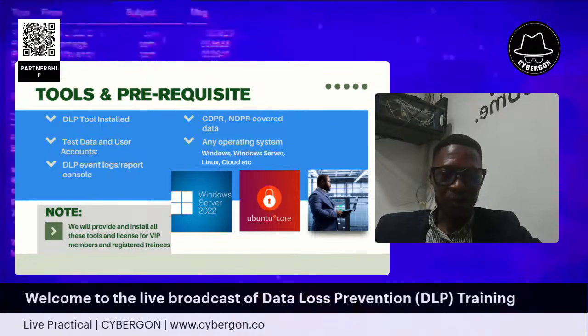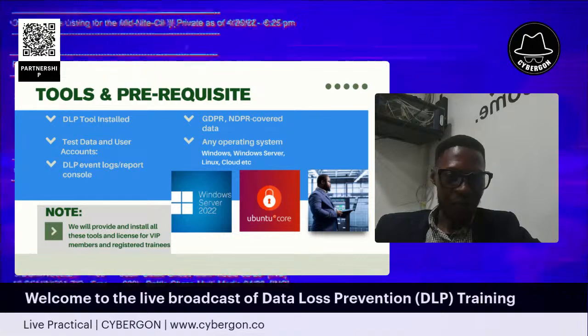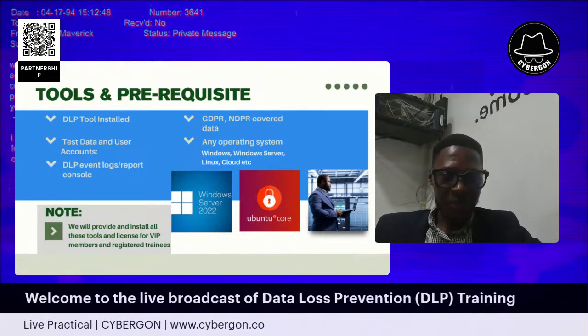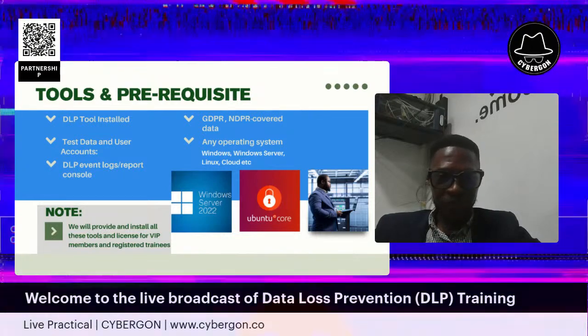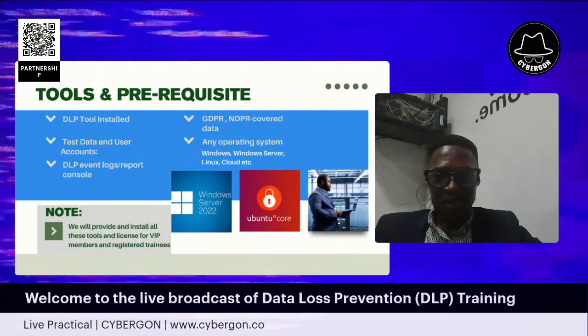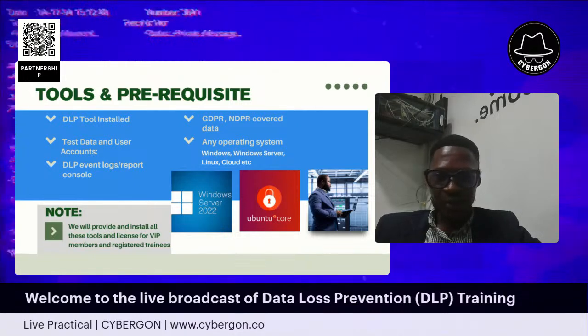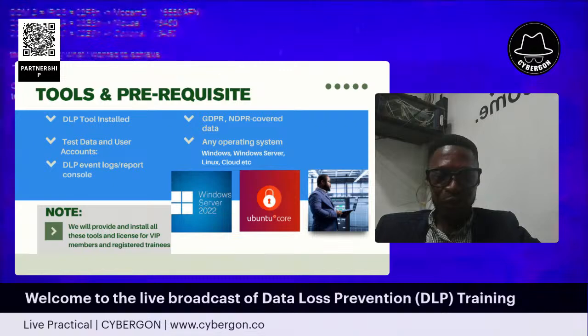We have showcased in our programs how EDR, the endpoint detection and response systems, could be bypassed. We have done that severally, and in our last conference, we also showcased how a CMS application could be hacked.